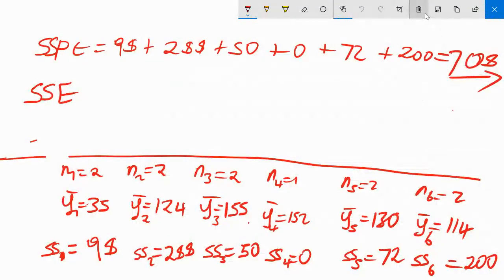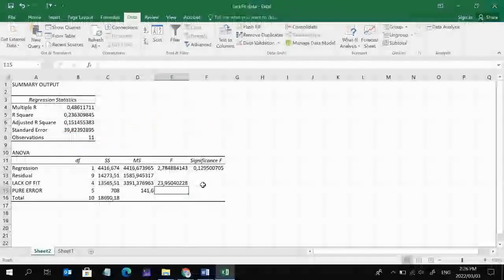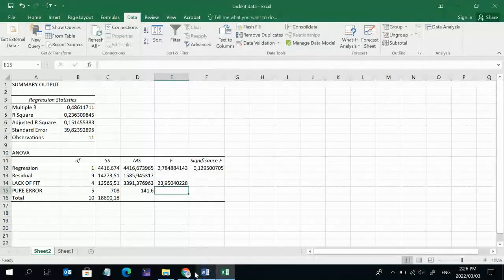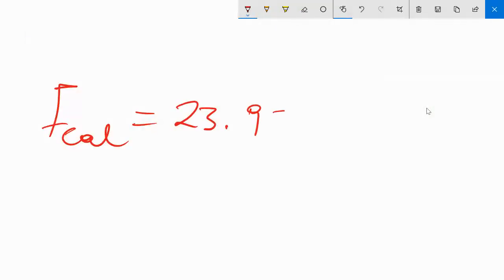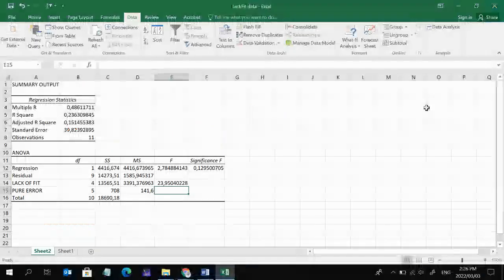We have to compare the F calculated value for testing lack of fit, which is 23.95. We are going to compare it with the F tabulated with the degrees of freedom 4 and 5 at 5% level. And what is that?